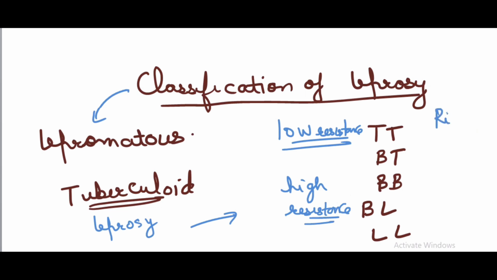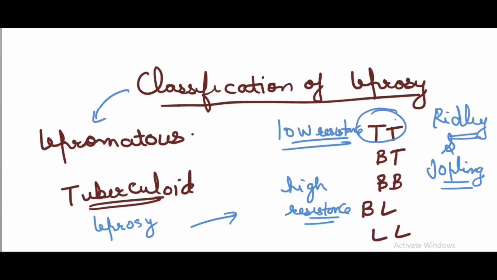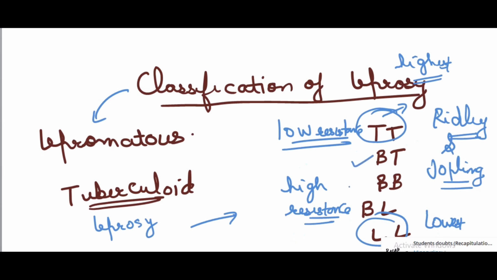According to the Ridley and Jopling classification, we classify it from tuberculoid polar, which has the highest resistance, to lepromatous leprosy, which has the lowest resistance. Others are borderline tuberculoid, mid borderline and borderline lepromatous type. So a total of 5 types.